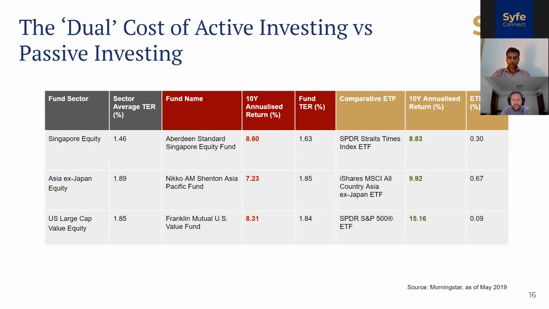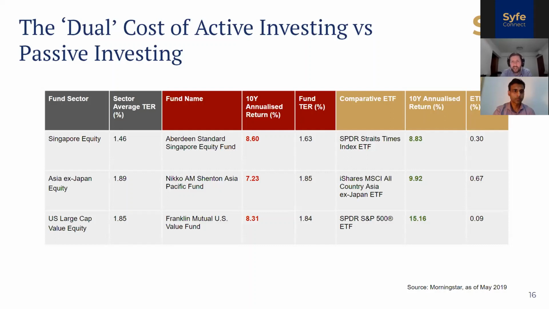If we pick one out of those 3, in this case the Asia ex-Japan equity, the middle one here, and zone in on that particular market, look at the active, and this is just one example. We picked one active fund manager here, the Nikko AM Shenton Asia Pacific Fund. If we zone in on this particular fund, we can see that the 10-year annualized return is 7.23. Okay, not so bad.